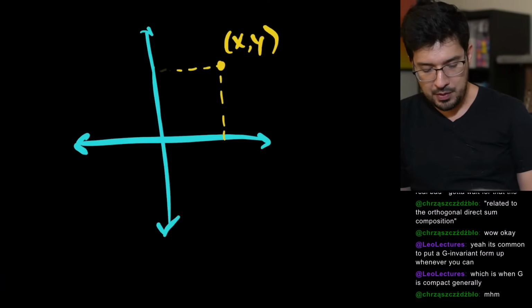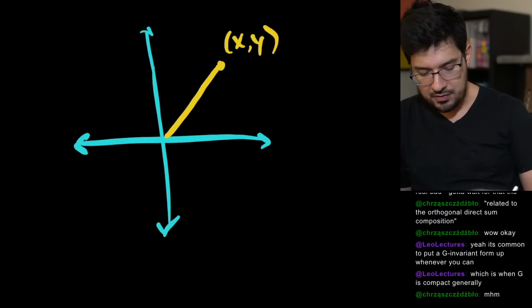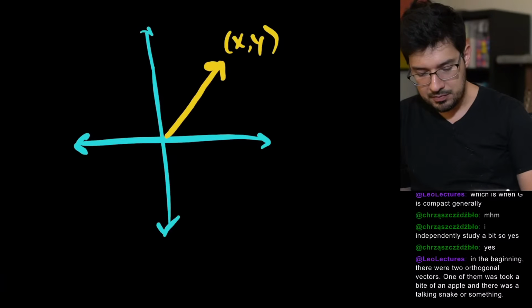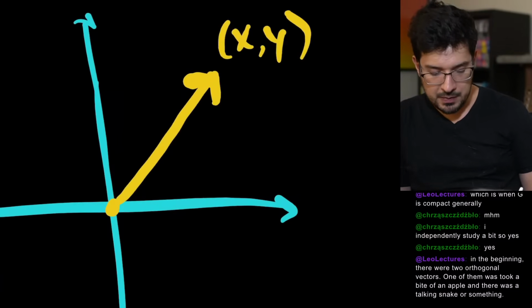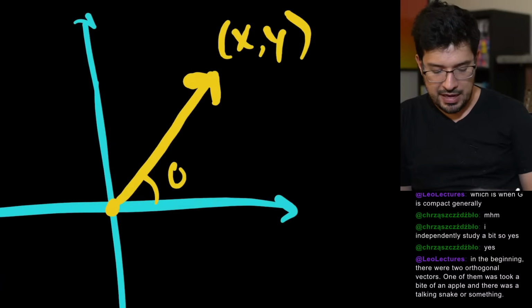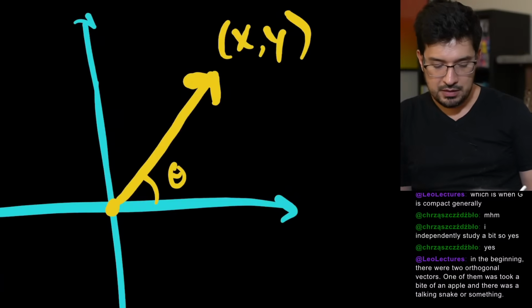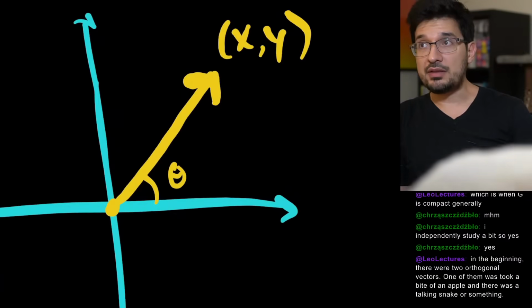For any point, we can consider that as a vector being an arrow from the origin to that point. If you do, then you have an angle that's formed with the x-axis.